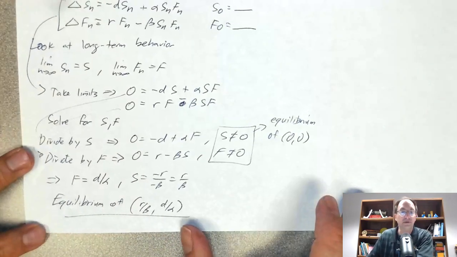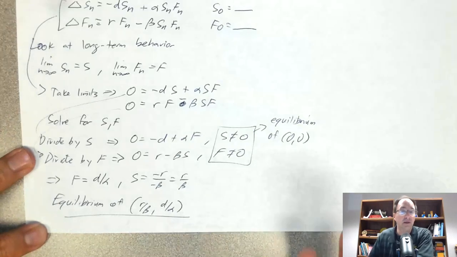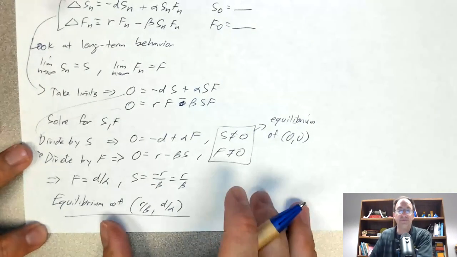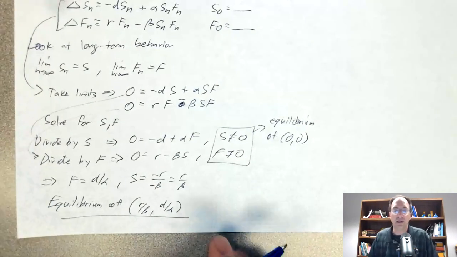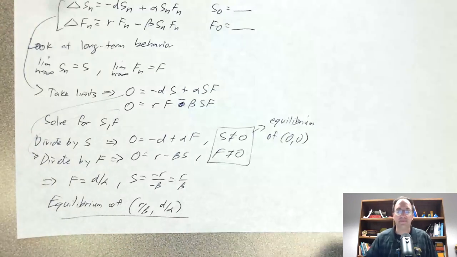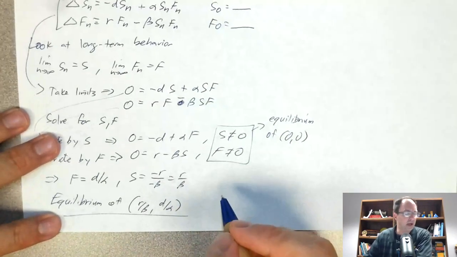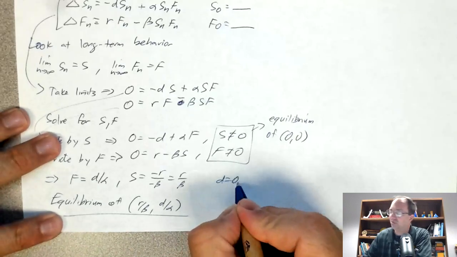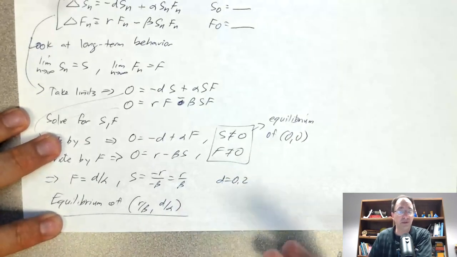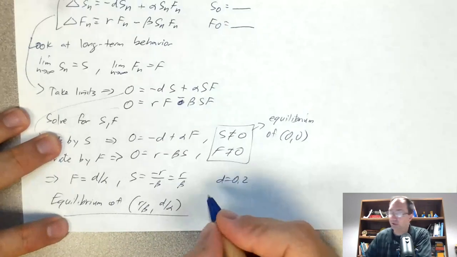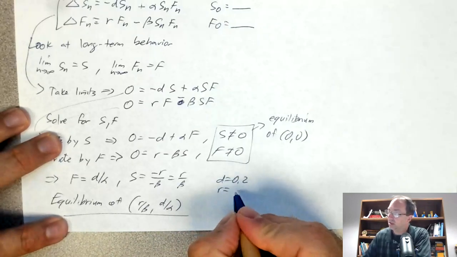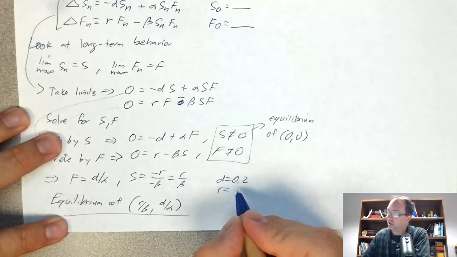And so now we just need to decide what that means in terms of actual numbers. So let's go to Excel and see what this looks like. But before we do that, let me give you a few numbers to play around with. If you want to try this first on your own, now that you've seen some spreadsheet work, you can see what you get. D equals 0.2.